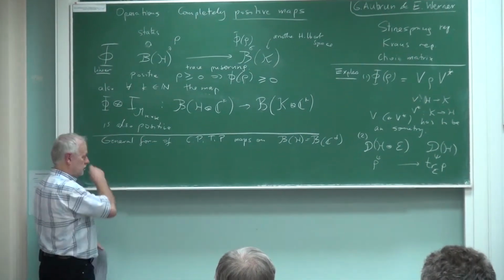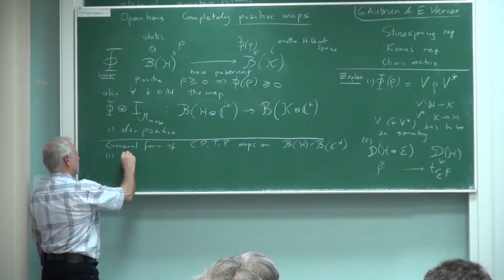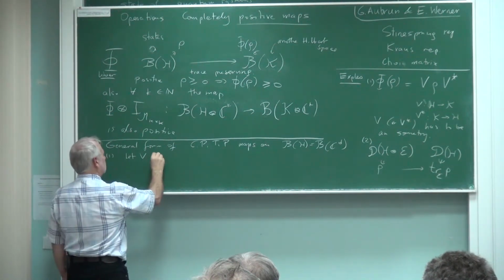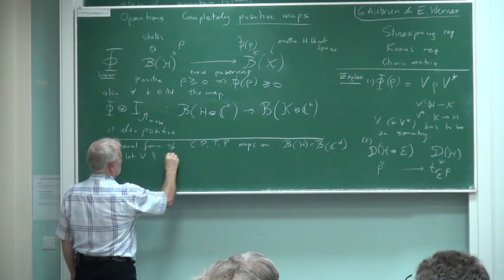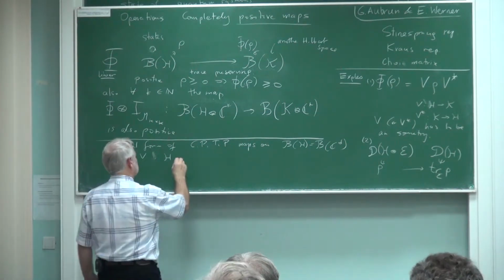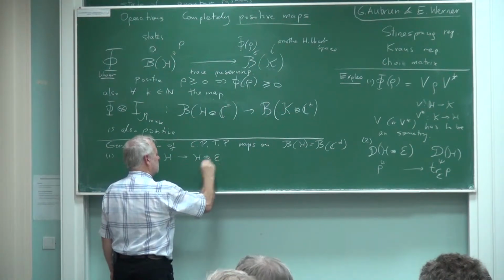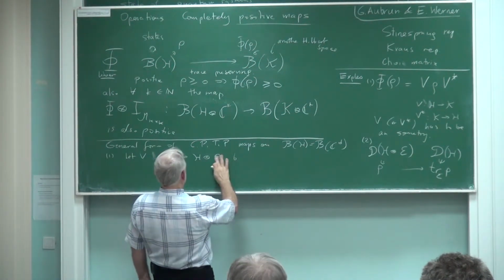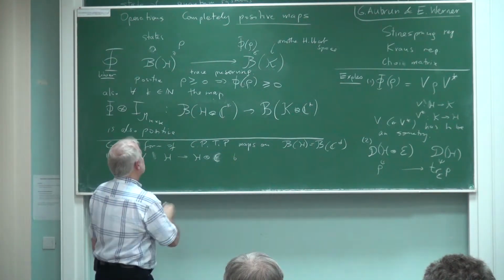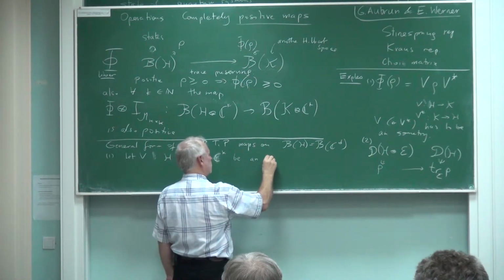So the general form is the following: first, consider V from H into H tensor product with C^k, an isometry.